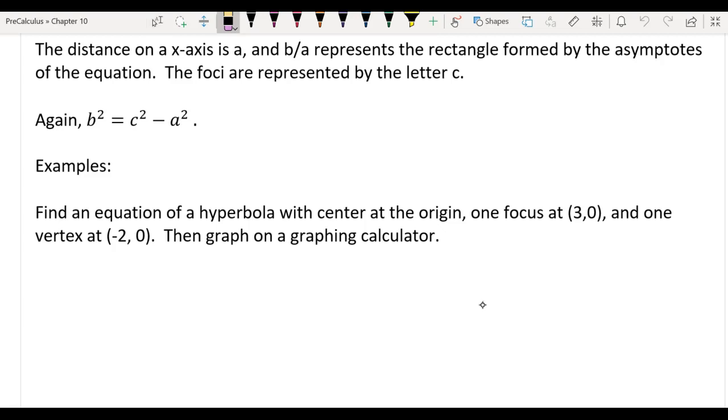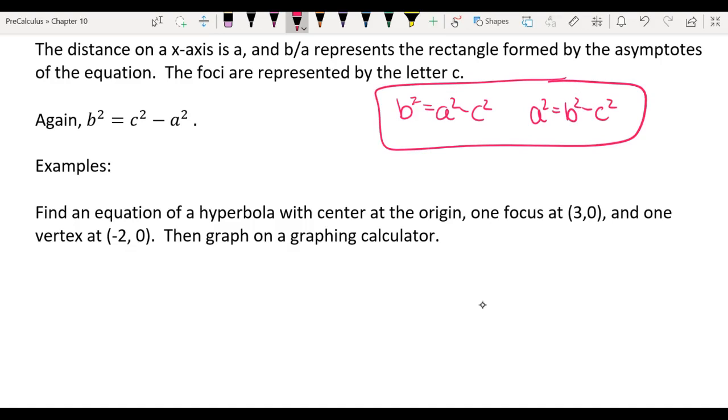We had B squared equals A squared minus C squared, and we had A squared equals B squared minus C squared. So that was for an ellipse. Do you guys see how the hyperbola is different? Yeah. Okay. So B squared equals C squared minus A squared.